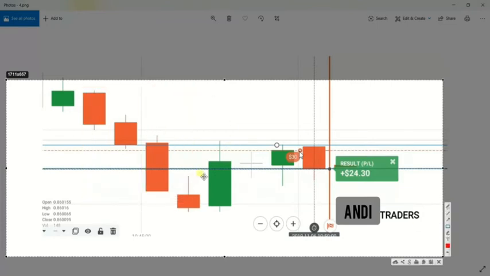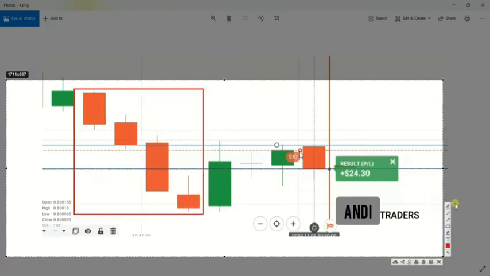Let me draw clearly. You can see here on this downtrend we have some wicks, but these are not important for us. But at the level, the wicks will be important. This candle is at the level, right?